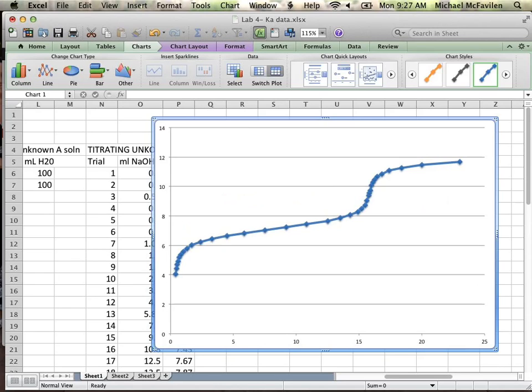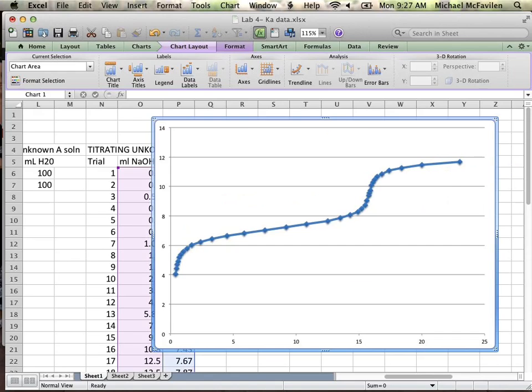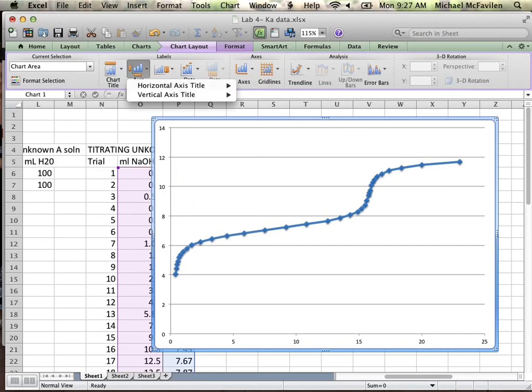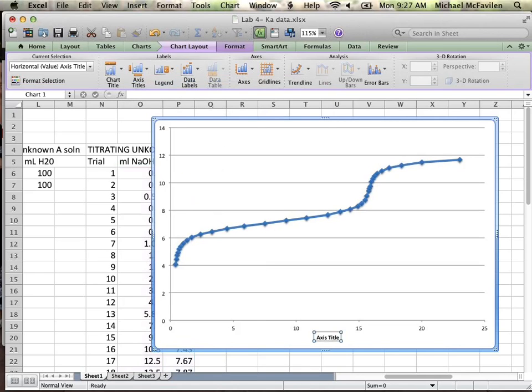So what we're going to go through and do now is look at all of the intricacies of determining the equivalence point. Actually before we even do that, let's make sure you guys know how to put your axis labels on. We can go to Chart, Layout, Axis Titles. We'll want a title below the axis.